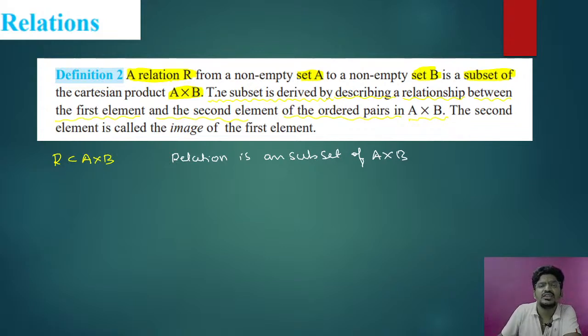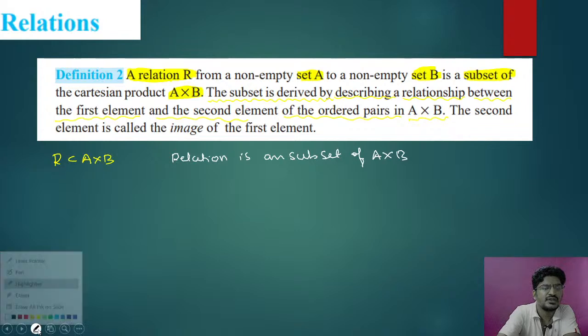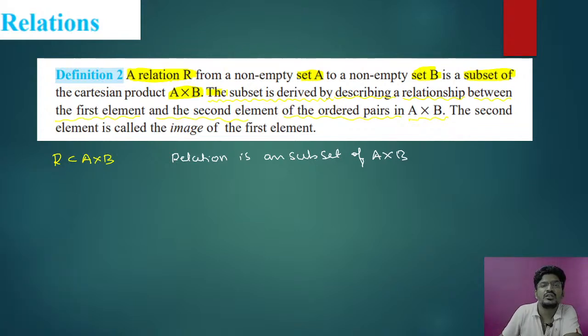What they say is, the subset is derived by describing a relationship between the first element and the second element of the ordered pairs A cross B, okay, and the second element is the image of the first element.